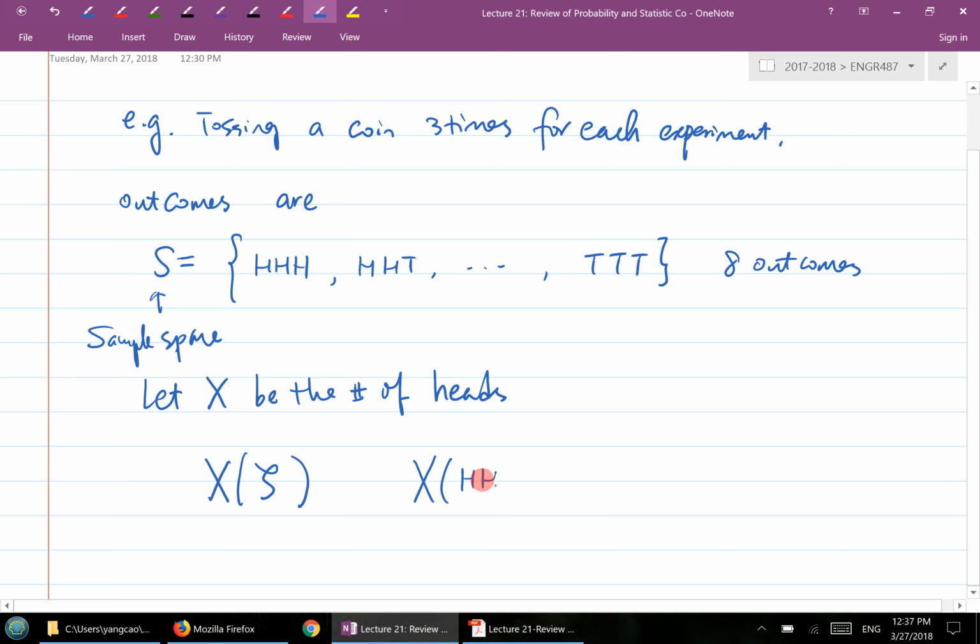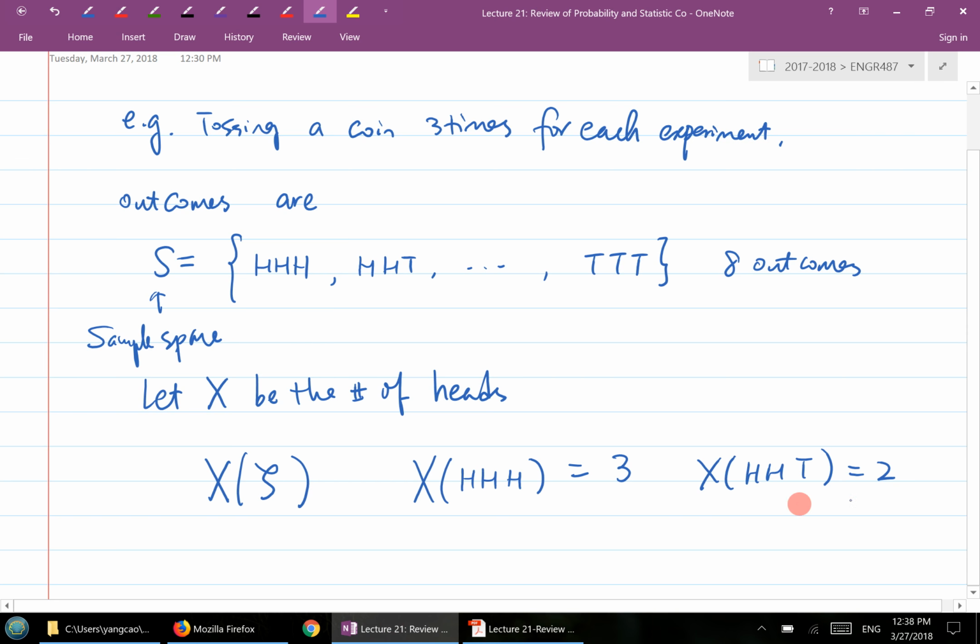For example, one of the outcomes is HHH. If I say let X be the number of heads, then when you feed this outcome into this function, the function spits out the result. Based on this definition, it spits out 3, the number of heads. That's how you establish the concept of a random variable.